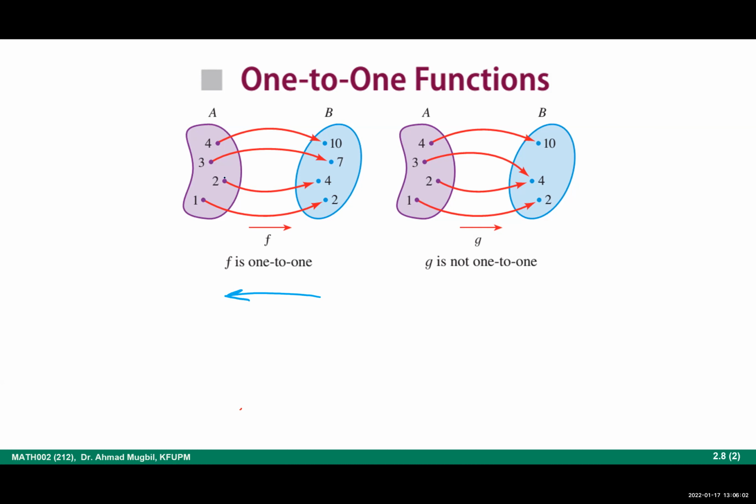So f takes x to y, the inverse will take y back to x. Here in this case, we will not be able to do that because it will not be a function. If you go back using the inverse, the opposite process, you will have one input with two outputs. It will not be a function. So this is why, when we talk later about the inverse, we should have one-to-one functions.